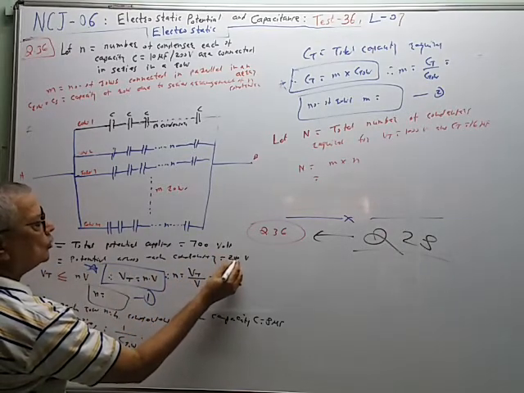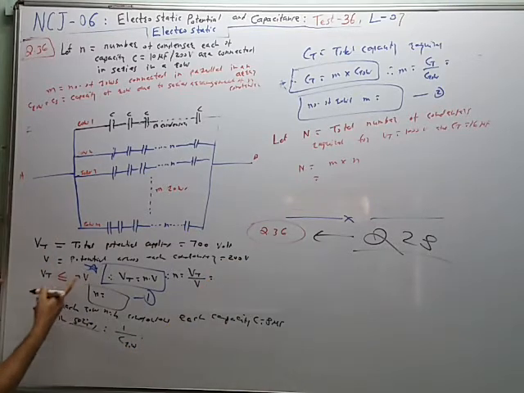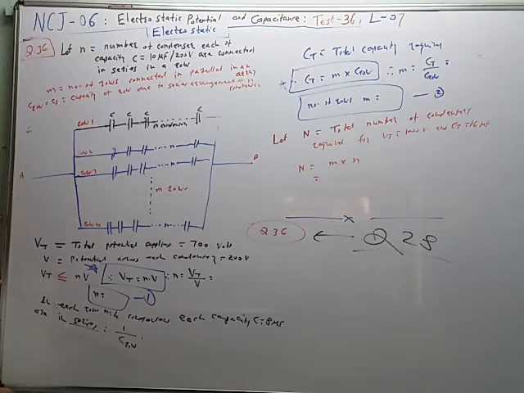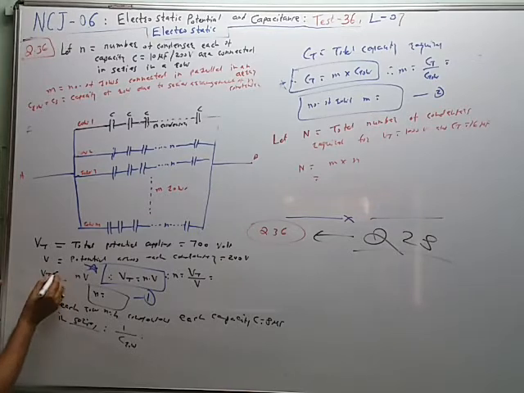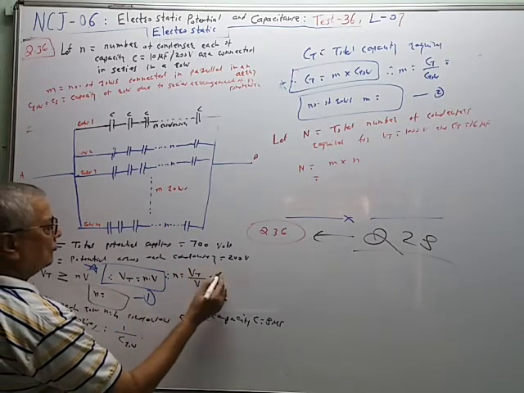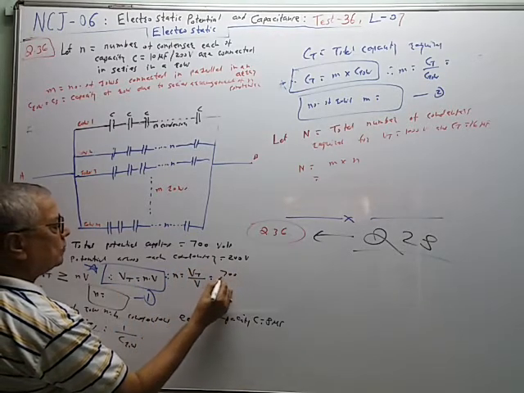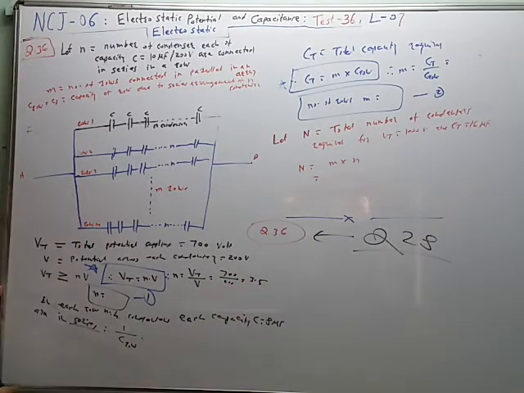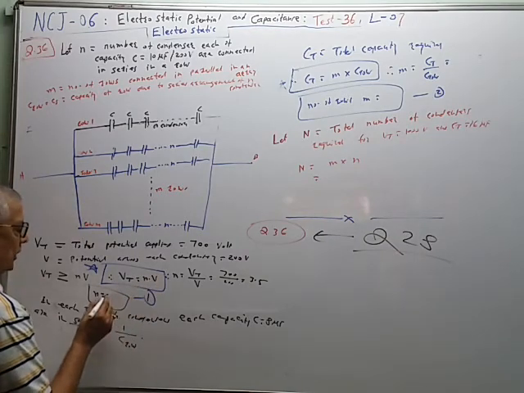It is equal to 200 volt, and therefore the number of condensers required in a row is such that Vt is less than or equal to N times V. So Vt is equal to N times V, and therefore N is equal to 700 volt upon 200. So that is equal to 3.5. So N is equal to 3.5. So N is taken as 4.